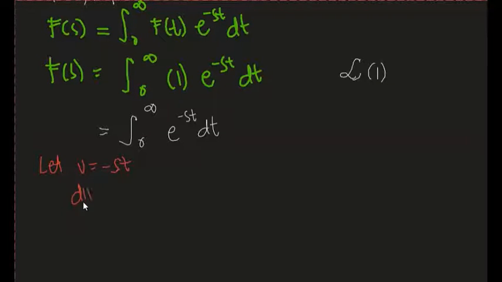Du naton will be equal to negative s dt. So by this one, pwede naton makuha ang value sa aton nga dt. So, ang dt natin will be equal to du all over negative s.